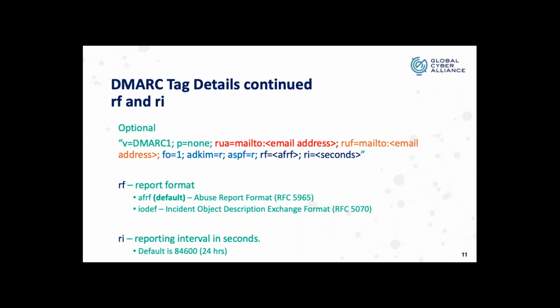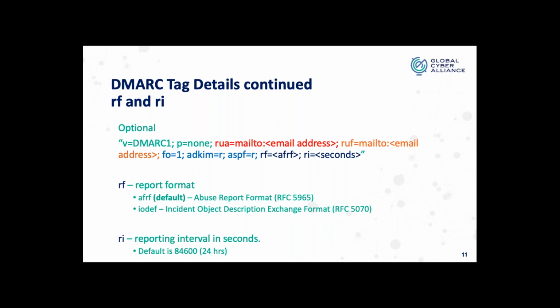The only time that I ever see people actually using the RI tag is when they're at p=none, and they're also seeing a large spam campaign occurring with their domain name. So they need to get to reject right away. They lower the reporting interval so they can get reports sooner and start making adjustments as they need to.